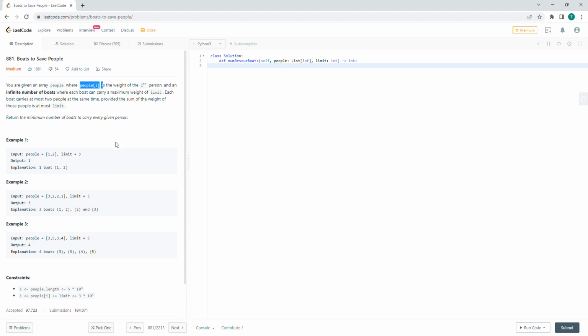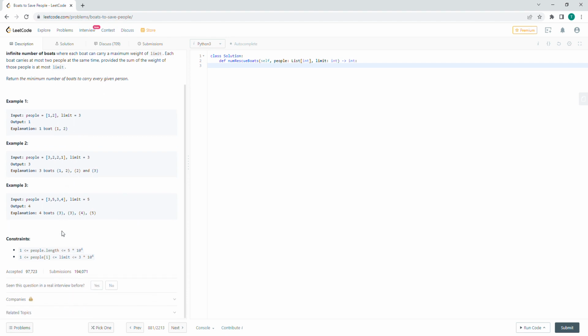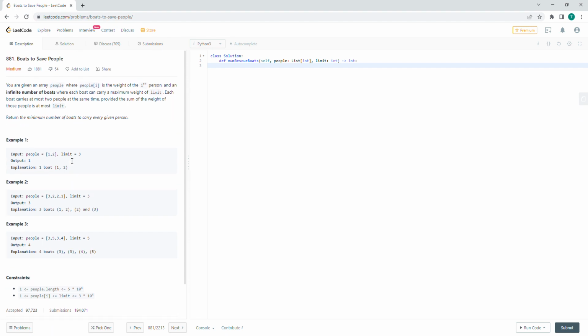So we have i and j, two pointers, to find the lightest and the heaviest person. We put them together if we can: if people at index i plus people at index j, where i is the lightest and j is the heaviest, is less than or equal to the limit, then we do so. Otherwise the heaviest person sits on their own boat. And that's pretty much it.